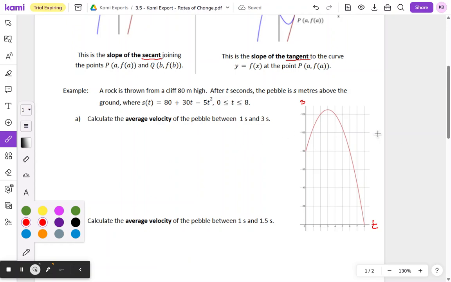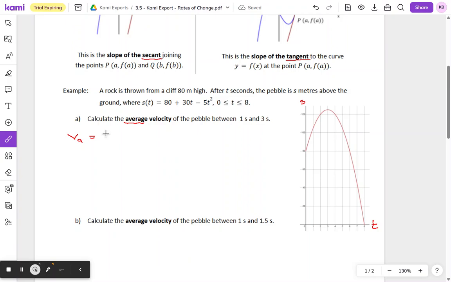All right, so the idea here is you want to calculate the average velocity, so you'll use the first formula between 1 second and 3 seconds. So basically you're going to find the average. We'll put VA for average, okay, between S at 3 seconds and S at 1 second.